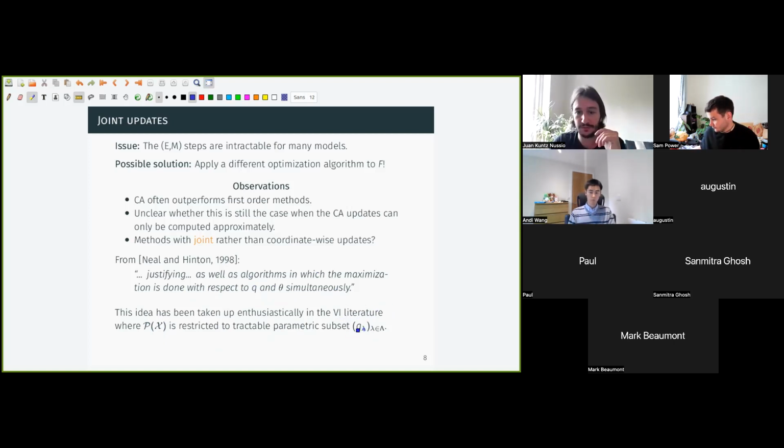Then they'll plug that form into the free energy and optimize it over the variational parameters lambda and the model parameters theta. And if you look at how they're doing those optimizations, they're generally not optimizing over lambda and then optimizing over theta. In many cases, they're running an optimization algorithm over both lambda and theta together.